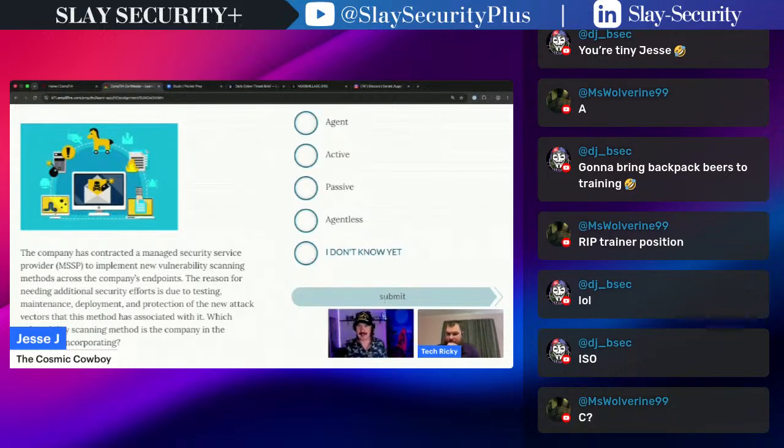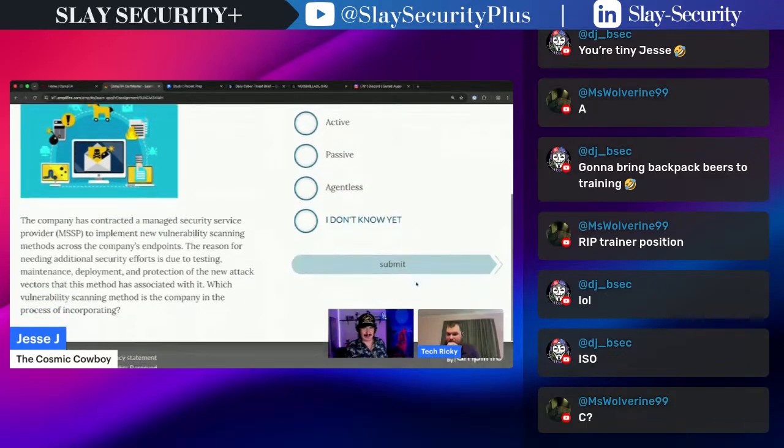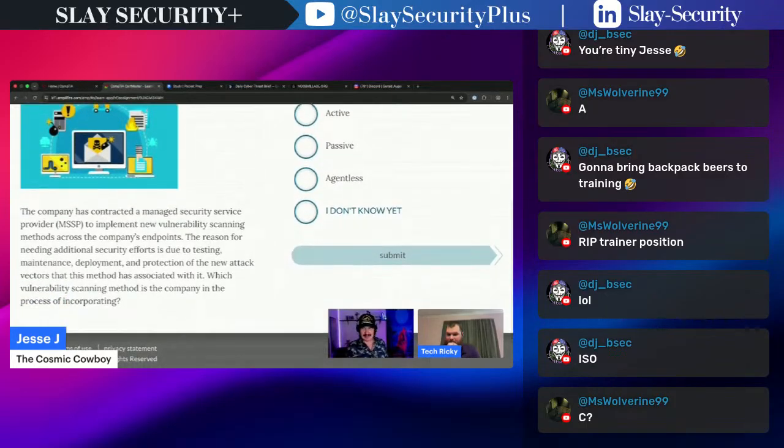Which vulnerability scanning method is the company in the process of incorporating? All right. So the company is contracting an MSSP to implement new scanning methods across all of its endpoints, for additional security efforts for testing, maintenance, deployment, and protection of the new attack vectors.